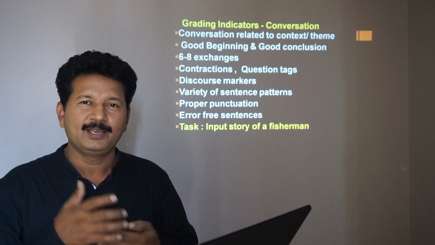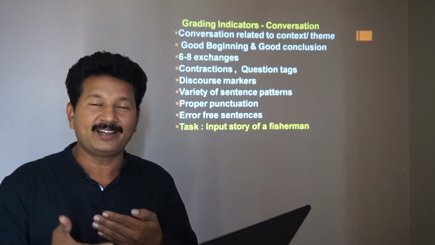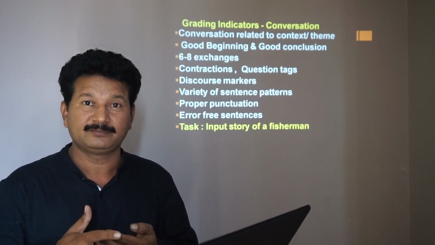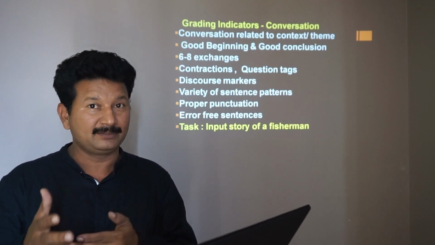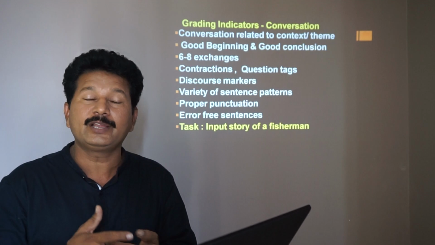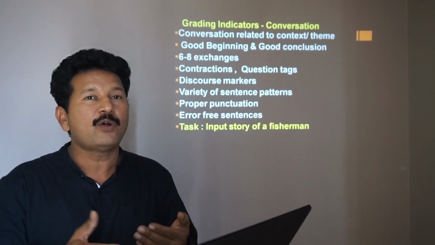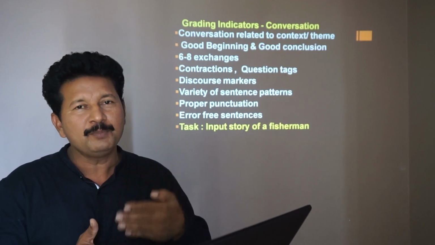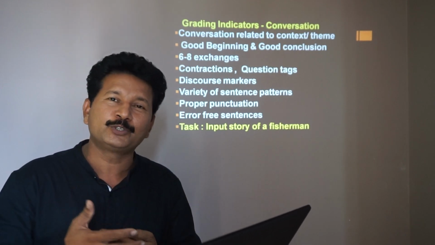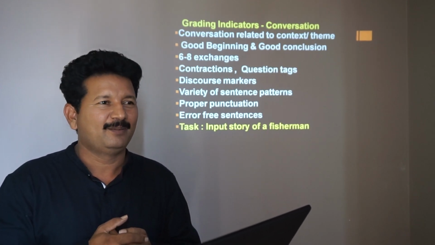And you can use a variety of sentence patterns like really, oh, you already sold them, coming to the movie. So you can use a variety of sentences. You need not use the same sentence pattern. And one more important feature is proper punctuation, right?